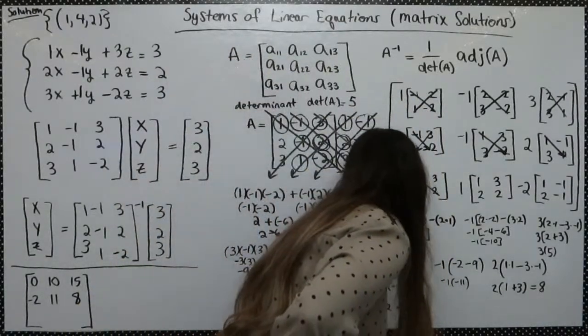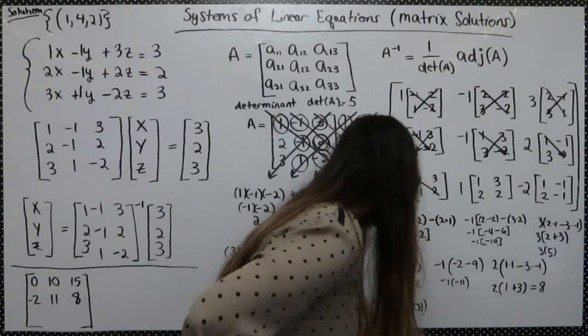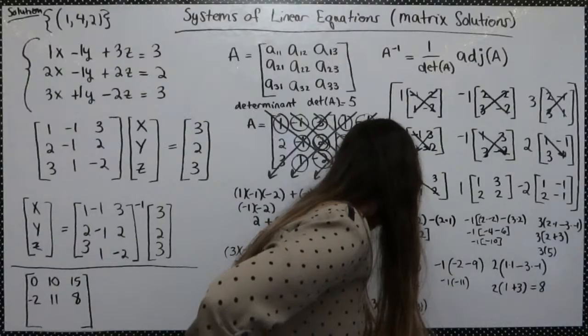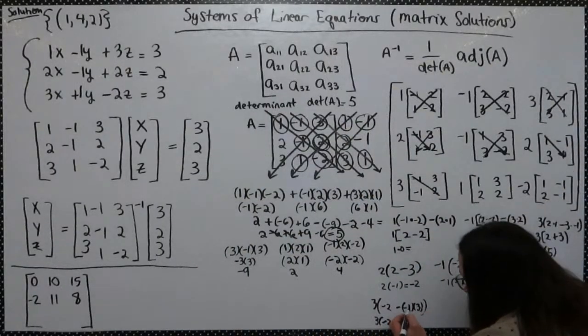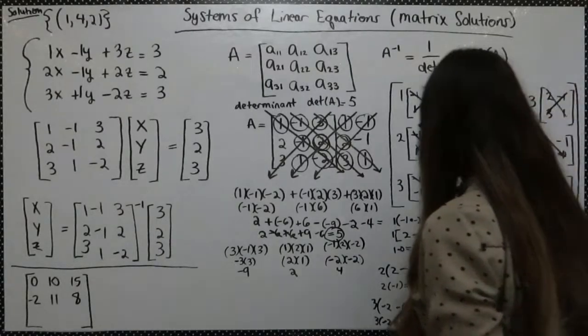So I've got 3 times -2, and that's +3, because -1 times 3 is -3, and then times a negative would be positive. So I've got 3 minus 2 is 1, so it's 3, that one.